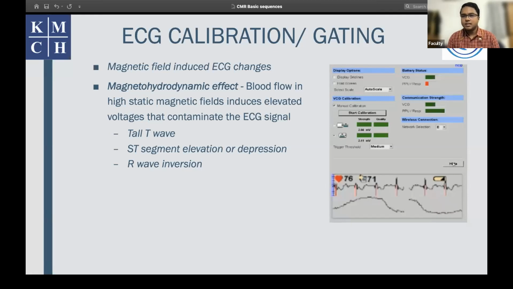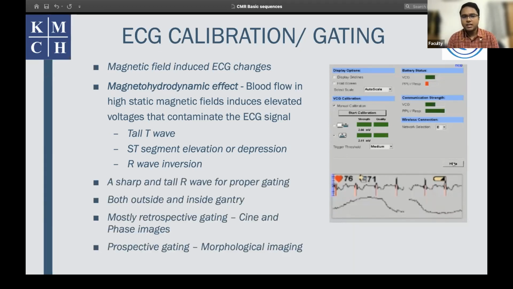So in this case, in blood, some voltage potentials are generated, which contaminate the electrical signal that is coming from the heart, which is the ECG signal. Because of this, you get a tall T wave, which can confuse the system from correctly interpreting an R wave for ECG gating. An ST segment elevation or depression can happen, which can mimic ischemia, ongoing ischemia, and R wave inversion.